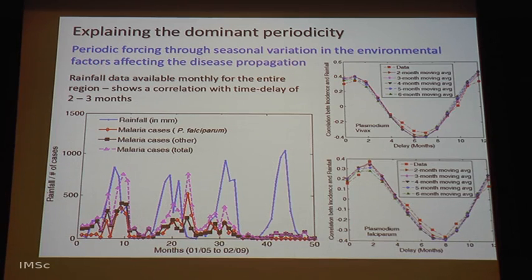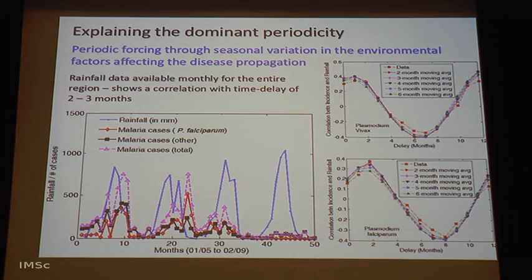As I mentioned, what could be the reason? What are the periodic forcings? Because every year the dominant periodicity we found is 12 months. One of them, for malaria mosquito breeding, will be the rainfall. So we use the rainfall, but only the whole district data we got. Here we can see the time series data of rainfall and malaria cases.